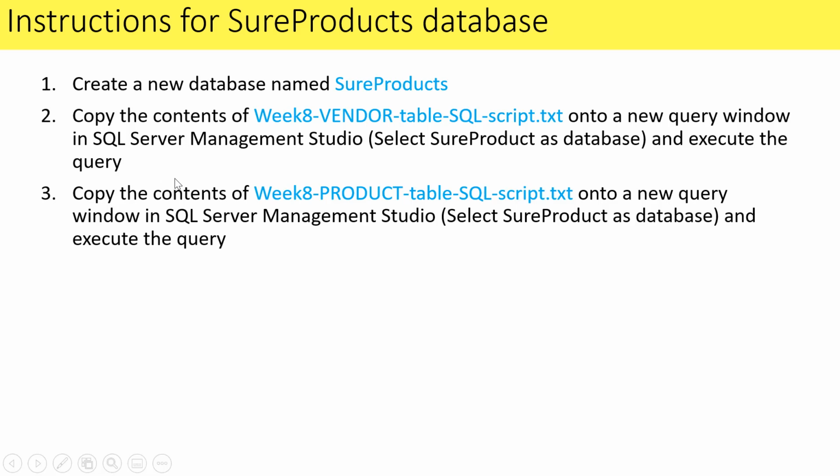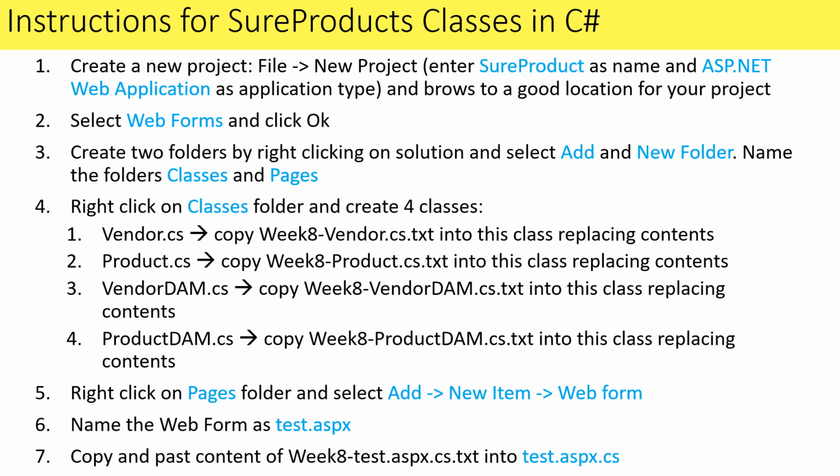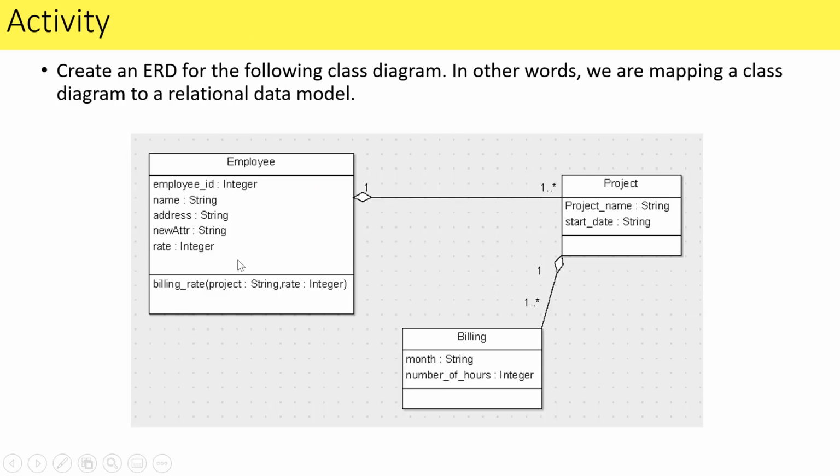It's a very good exercise for you to understand how a real object-oriented programming works with database and how we map classes or objects into a relational database management system. So these are the rest of the instructions. I will upload these files, vendor.cs, product.cs, and also the SQL for creating database. I'll upload it in week 8 module.